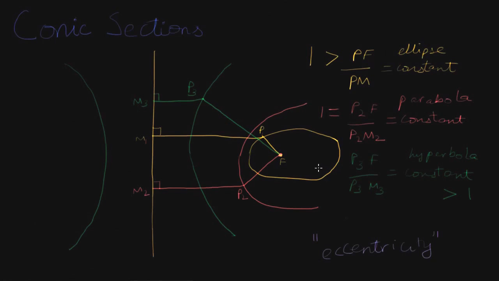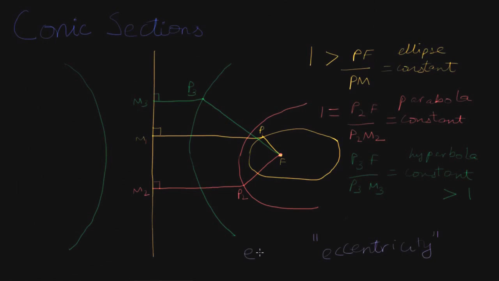The eccentricity of a curve is a measure of how uncircular the curve is. I haven't drawn the circle over here. Actually, if I do draw a circle over here, a circle is a figure with eccentricity 0. That is, this particular ratio would be 0. A circle is also a special case of the ellipse, so it makes sense that this ratio is 0, which is less than 1.